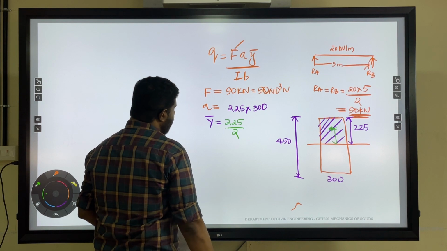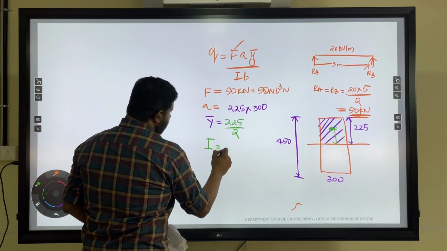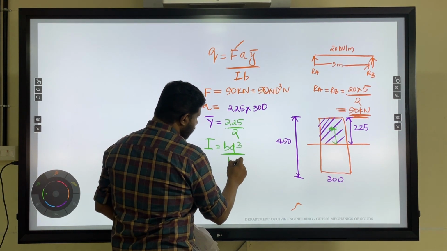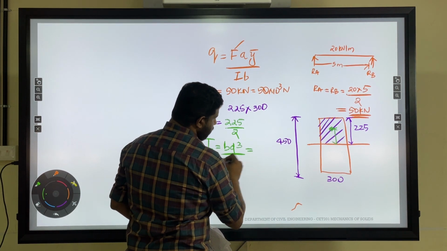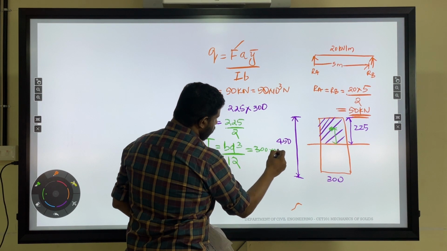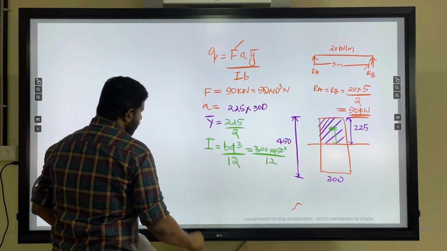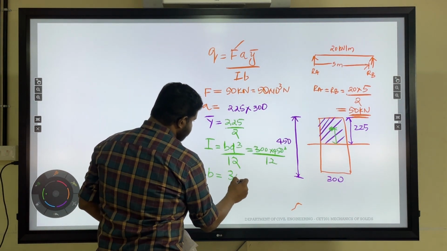Okay, we will be getting the value for Y bar, and I is the moment of inertia of the section. For a rectangular section, moment of inertia is b d cube divided by 12. Substituting the values, we will be getting 300 into 450 cube divided by 12, and B is the width or breadth of the section, it is 300.